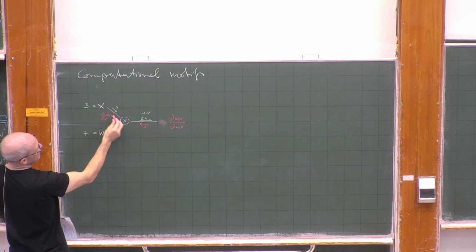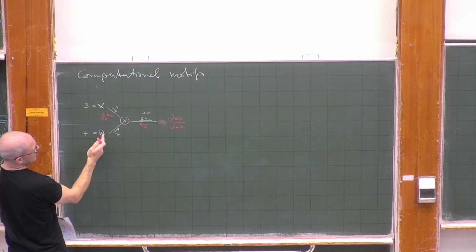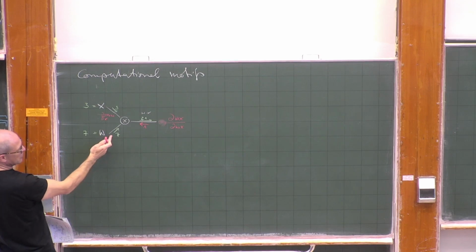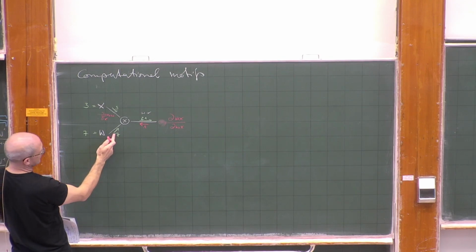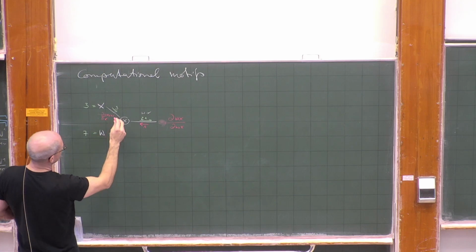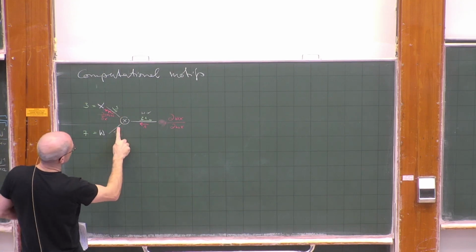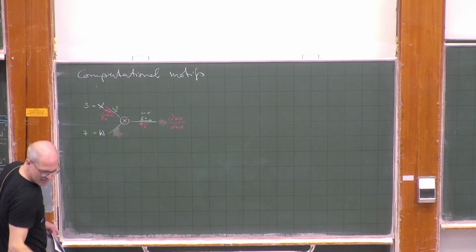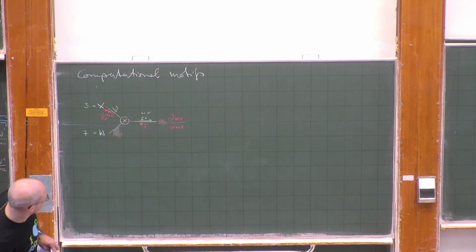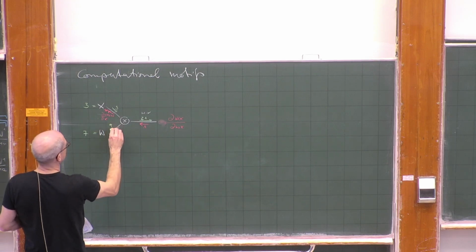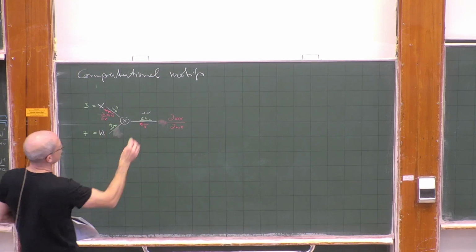So the number that I want to send here is what I previously knew was held, namely this 7. I'm putting this above the arrow, excuse me. So I was pushing the 7 this way in the forward pass.